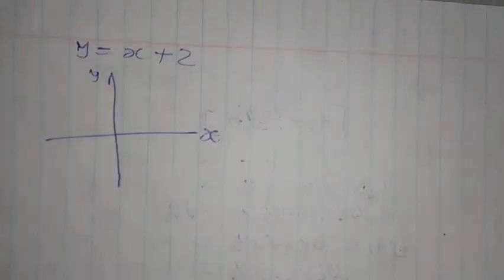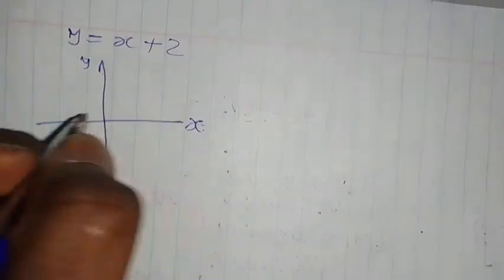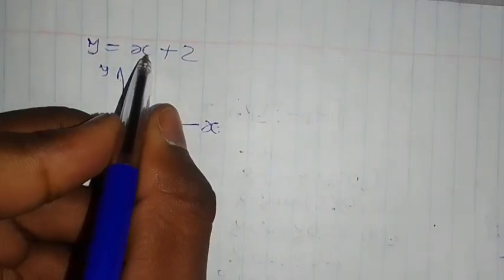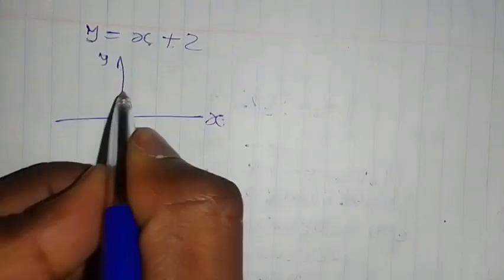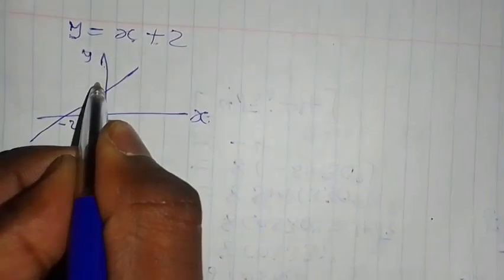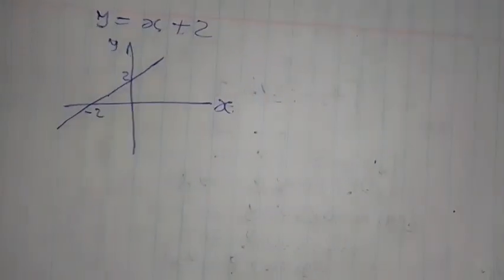Now when you do rotations, you don't really need to stop at points only. You can also reflect functions, rotate functions. Now let's say I have y equals x plus 2. If you try to graph this, it's going to look something like this, with the intercepts at minus 2 and 2 respectively.